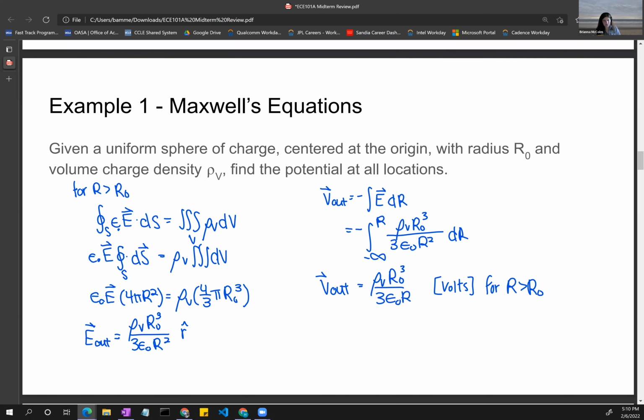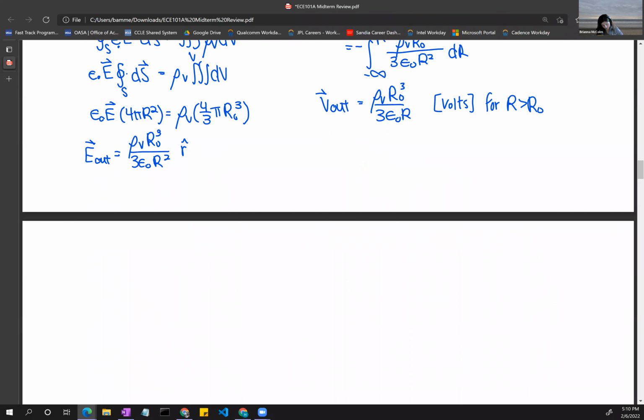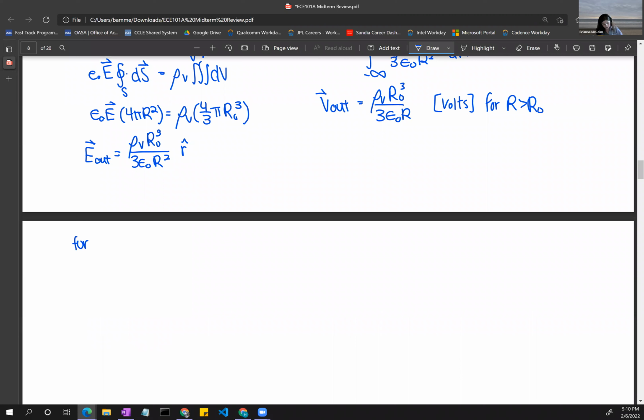So the question says to find the potential at all locations, and we found it when it's outside the sphere of charge. So now we need to consider when it's inside the sphere of charge. And so we're going to write down the Gauss's law formulation again.